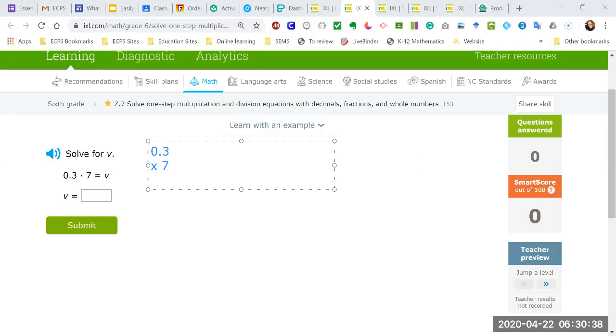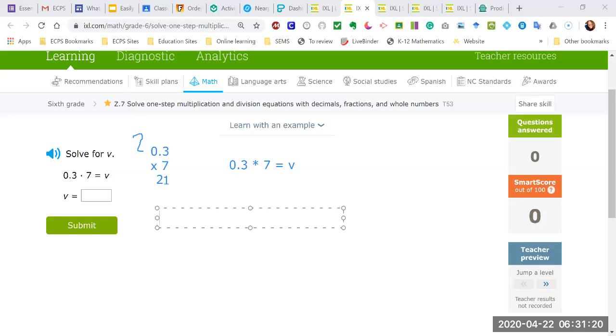And you would carry the 2. And then you're going to do 7 times 0, which is going to be 0, plus 2, and that would be 2. Okay, so now because we multiplied by a decimal, and there's only one number before the decimal, our decimal is going to go right.